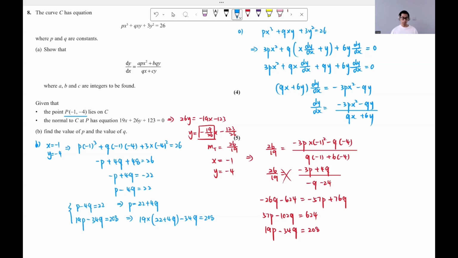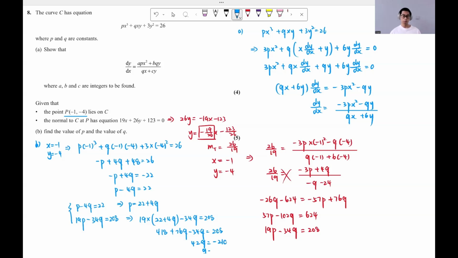Expanding it out, 19 times 22 is 418, and then plus 19 times 4, which is 76q, minus 34q equal to 208. 76 minus 34 is 42q, and 208 minus 418 is negative 210.